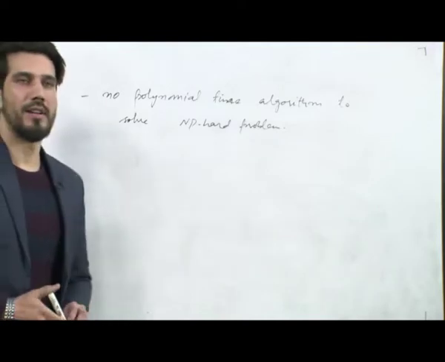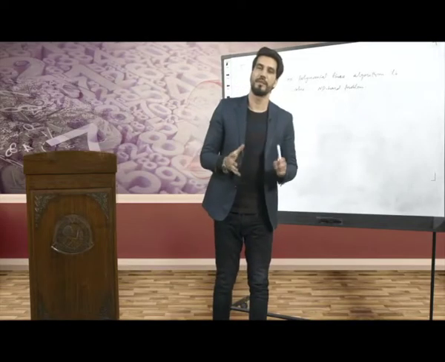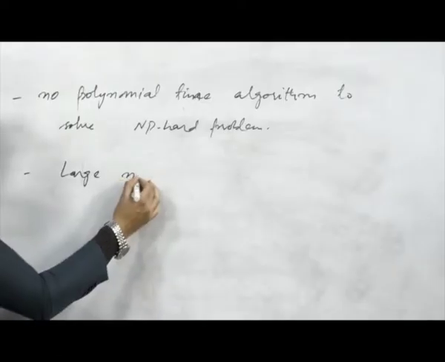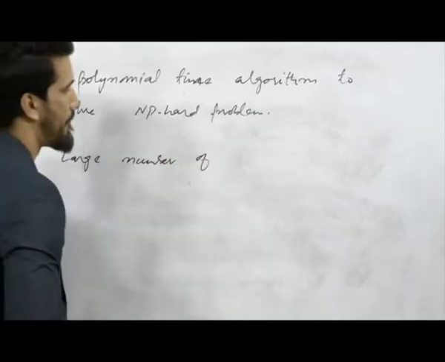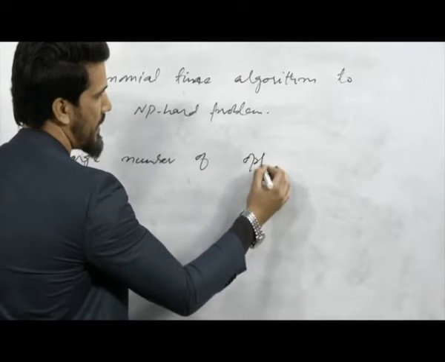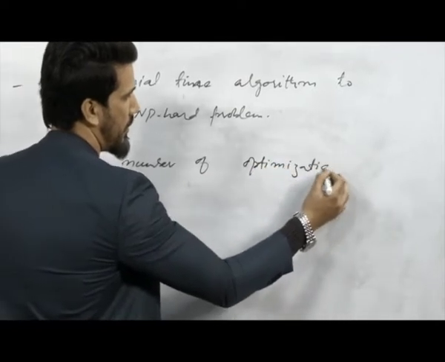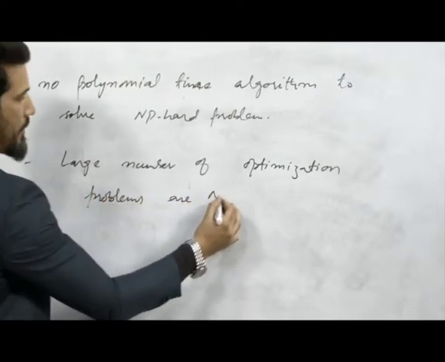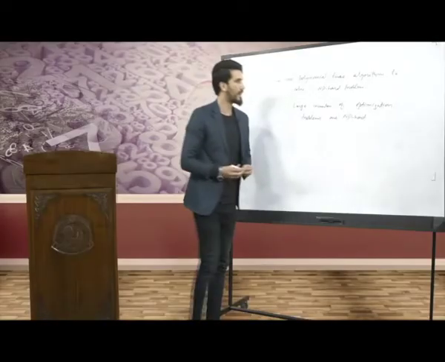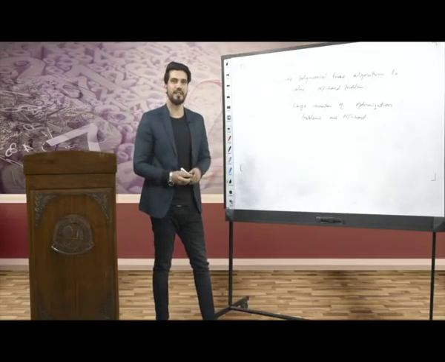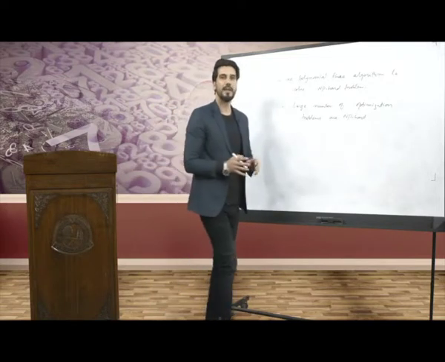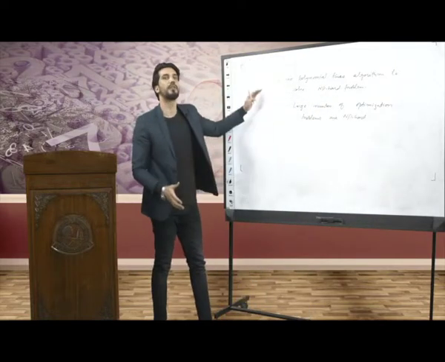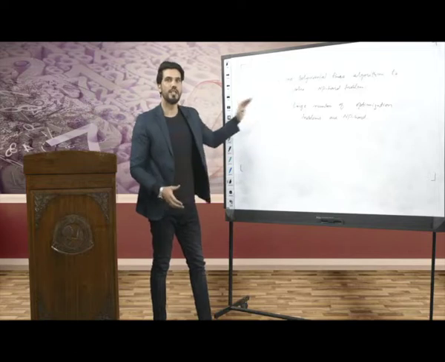And a large number of optimization problems are NP-hard. Now, this may seem a discouraging fact, that a large set of optimization problems are NP-hard, and we have no polynomial time algorithms which can solve these problems efficiently.